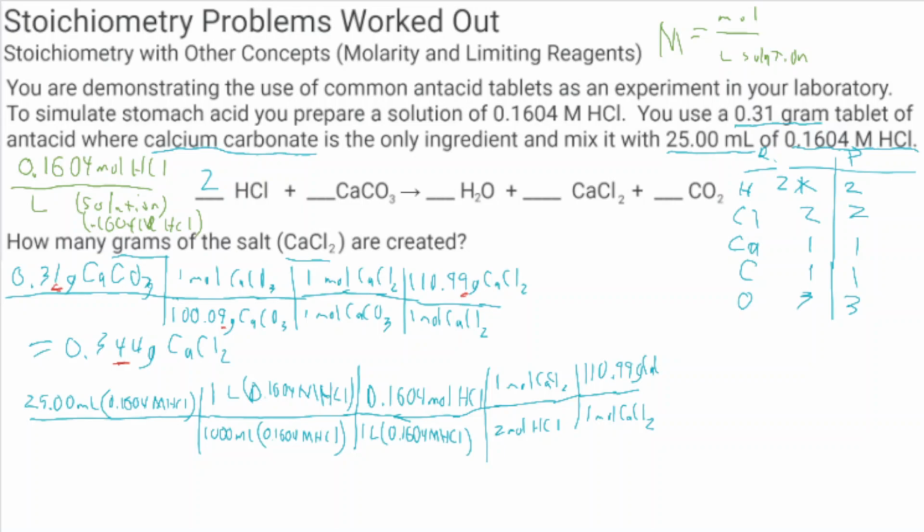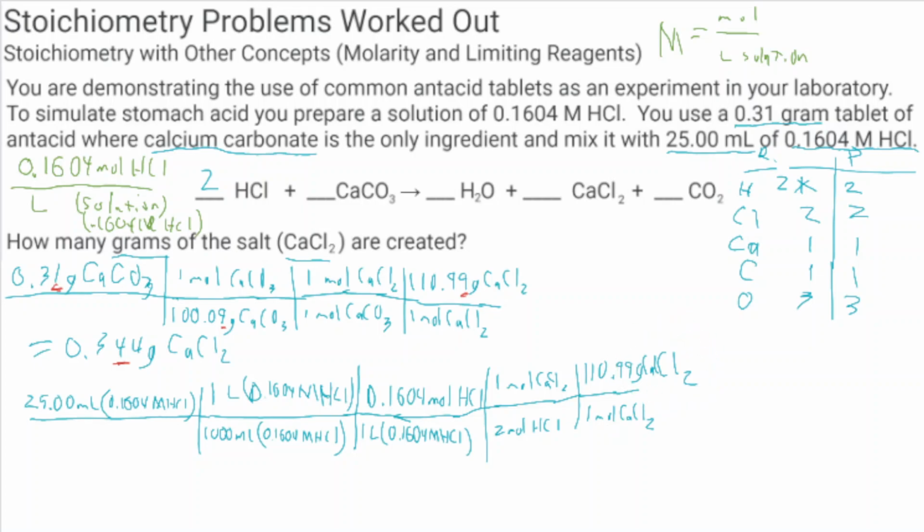So with that, we can go back and double check our units to make sure everything cancels out that needs to cancel out. We'll have milliliters of our solution cancel out with milliliters of our solution, liters of our solution cancel out with liters of our solution, moles of HCl cancel out with moles of HCl, moles of calcium chloride cancel out with moles of calcium chloride, and then we're left with grams of calcium chloride, which is what we're looking for.